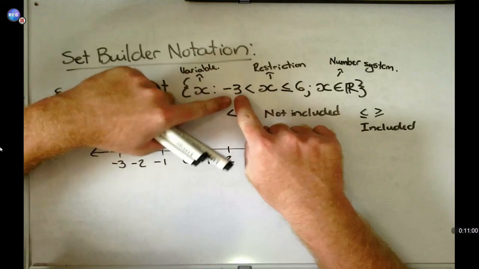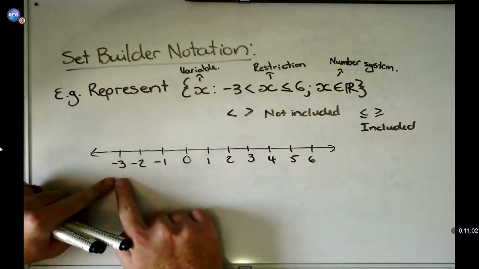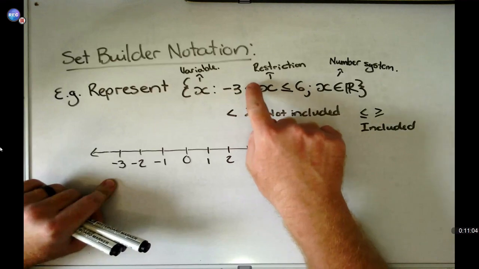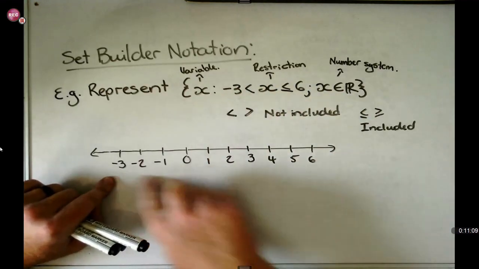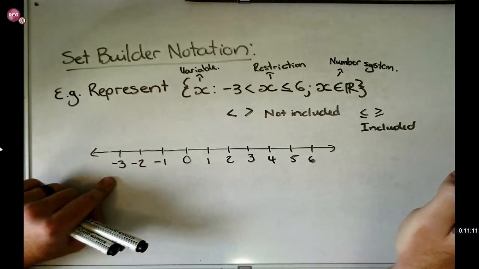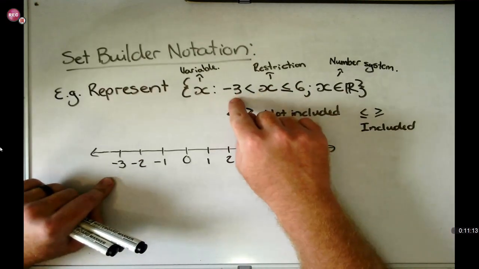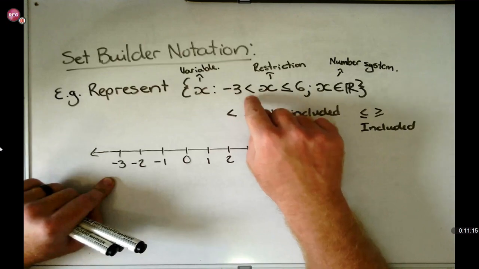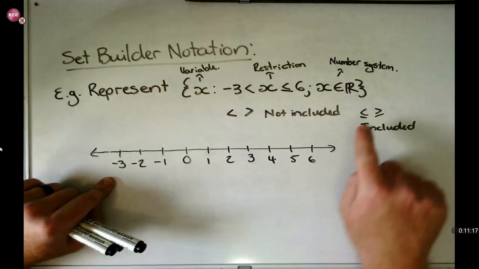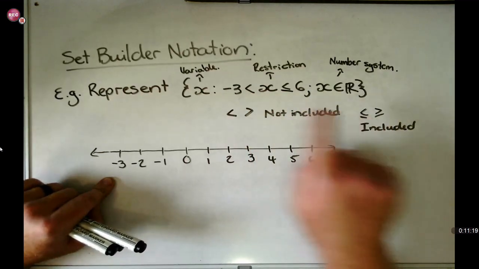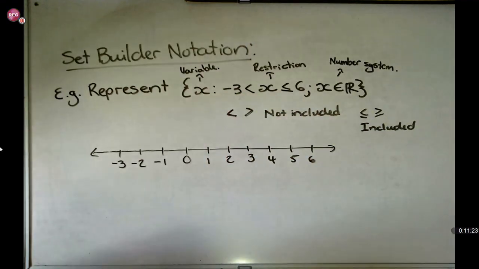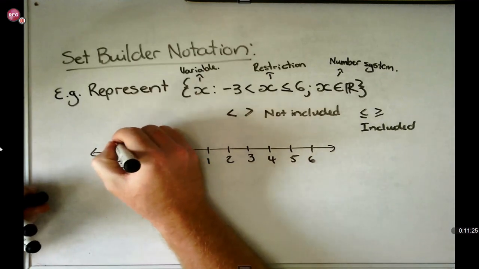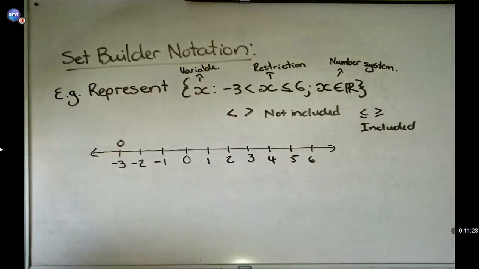So look here. We start at -3, which is over here. The sign is open to the right, which means it moves away from the -3 to the right. And because the symbol or the sign is not one of these, it means that this number is not included. So on the number line at the -3, you're going to make an open dot. Okay?